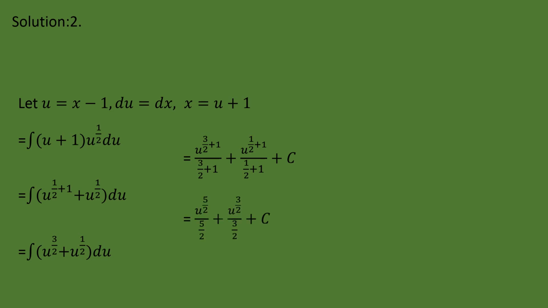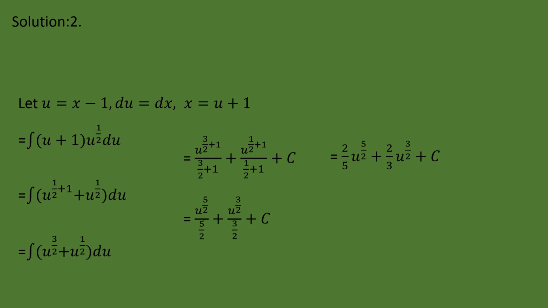Simplifying, we get u raised to the power of 5 over 2 over 5 over 2 plus u raised to the power of 3 over 2 over 3 over 2 plus c. Getting the reciprocal of 5 over 2 and 3 over 2 and multiplying it to its base, we have here 2 over 5 u raised to the power of 5 over 2 plus 2/3 times u raised to the power of 3 over 2 plus c.